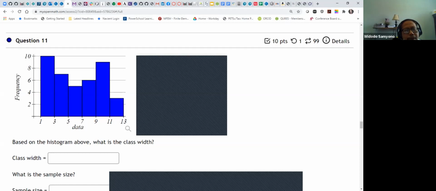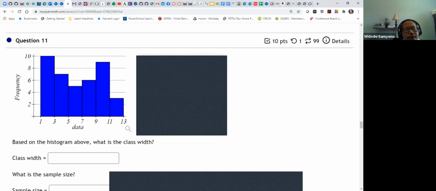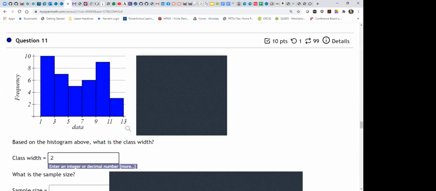So the class width will be the difference between the lower class limits, right? What is the difference between 1 and 3? You subtract this one from this one. Okay, so it's 2. See, the difference is 2, this is 2, also this is 2 and 2, right? So the answer is 2. So the class width is 2, okay.